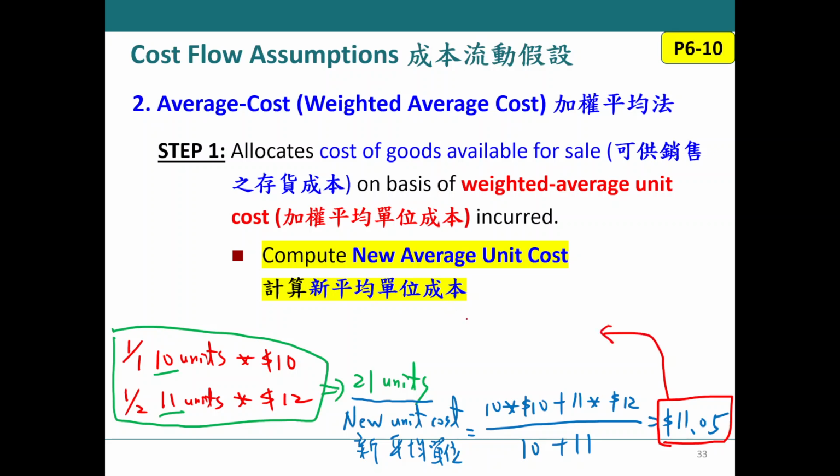So times the units we sold, you can get cost of goods sold; times the units unsold, then you can get your ending inventory. Okay, so that's how we do our second assumption. Any questions?